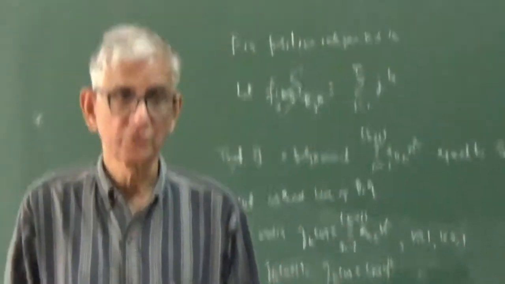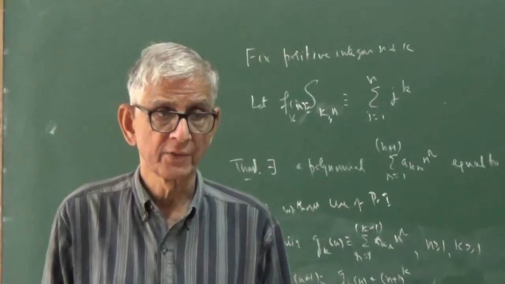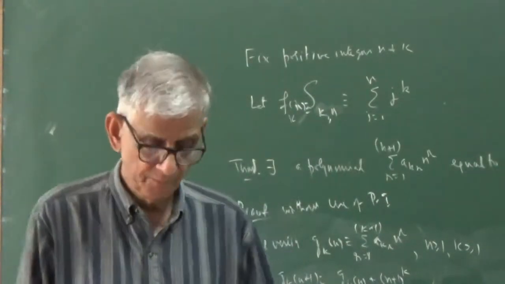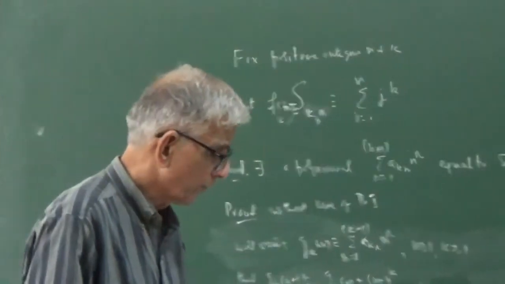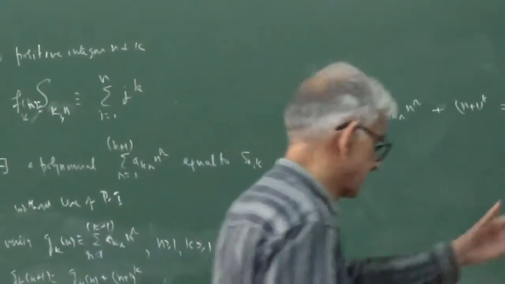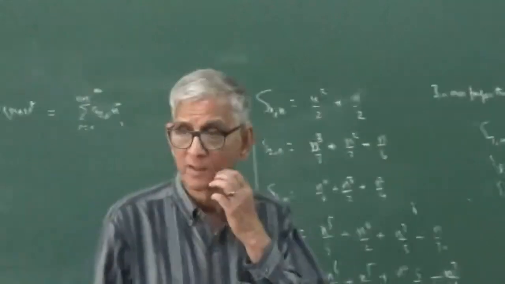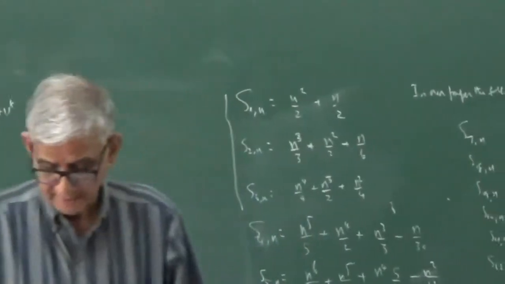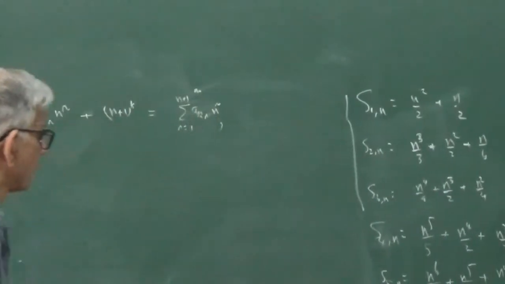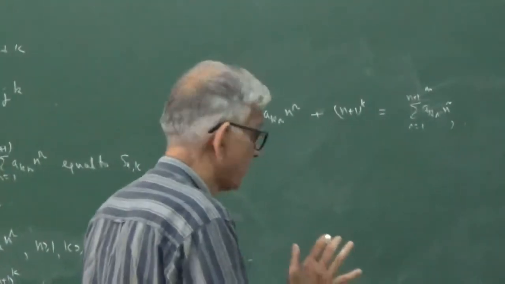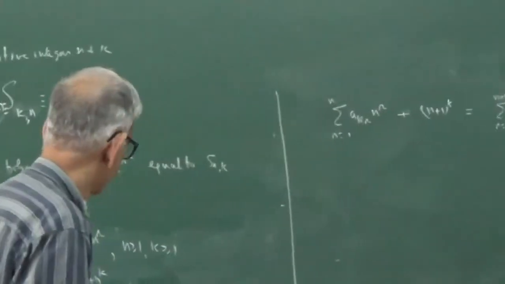So we have in fact completely solved the problem for any integer n and any integer k. I wrote down the formula up to S6n, but in this paper I have all these formulas explicitly available.